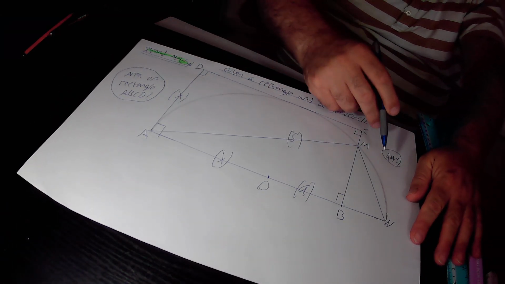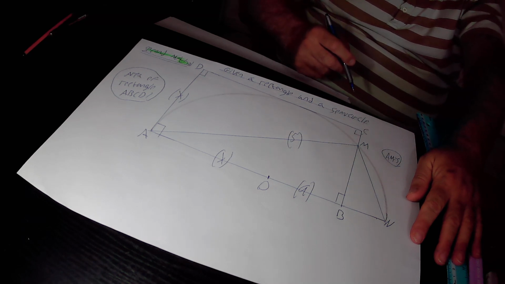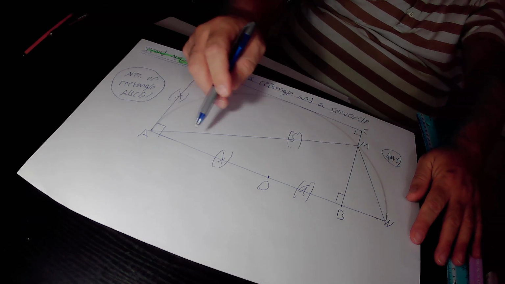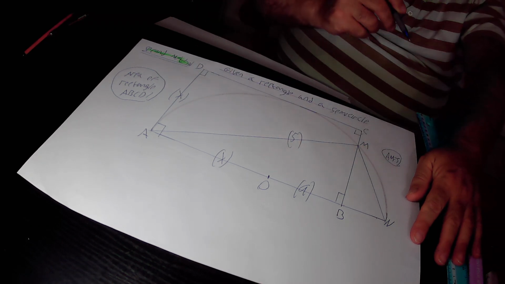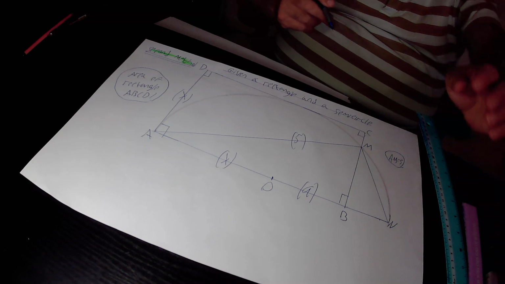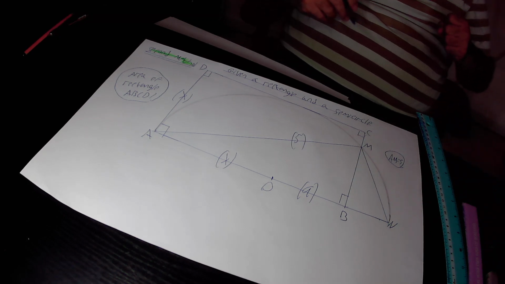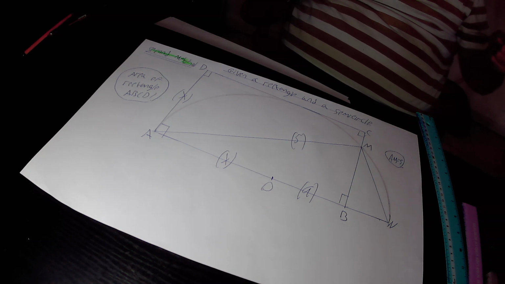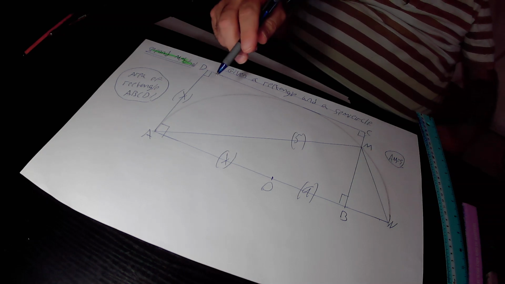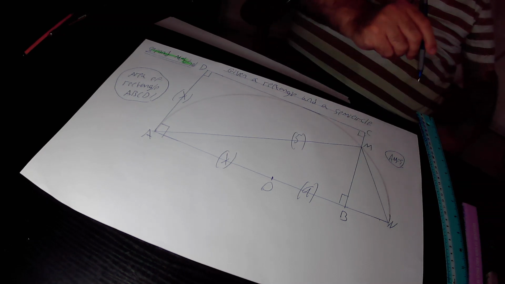Peripheral angle MAN subtends on AN. And AN is the diameter of this semicircle, and according to rule 7, any peripheral angle that subtends on the diameter of the circle or semicircle must be equal to 90 degrees in its size. And therefore this peripheral angle AMN must be equal to 90 degrees in its size.